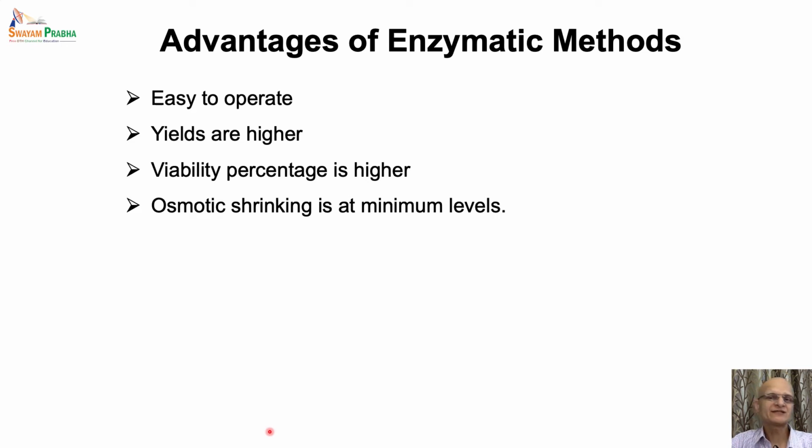The percentage of viable protoplasts is also much higher. Further, osmotic shrinking is required at a minimum level, and therefore the percentage of subprotoplasts formed during protoplast preparation is much less as compared to the mechanical methods, where plasmolysis is induced to the maximum levels.